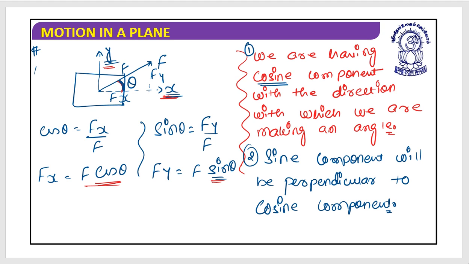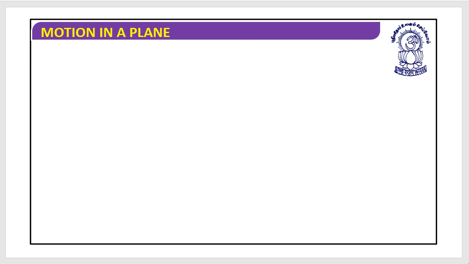So please remember, this is the summary sheet of resolution of vectors, and now we are going to practice on this. Let's begin then. Suppose there is a point where the velocity is v, this is the y axis, and here it is making an angle theta.